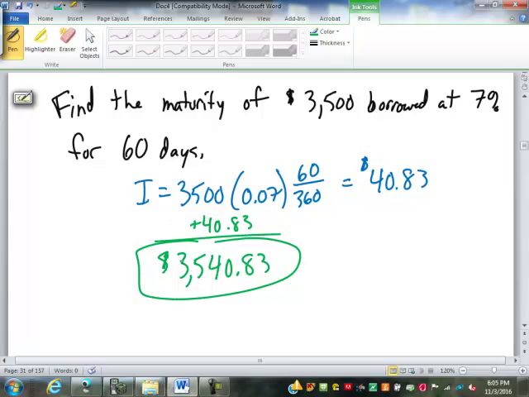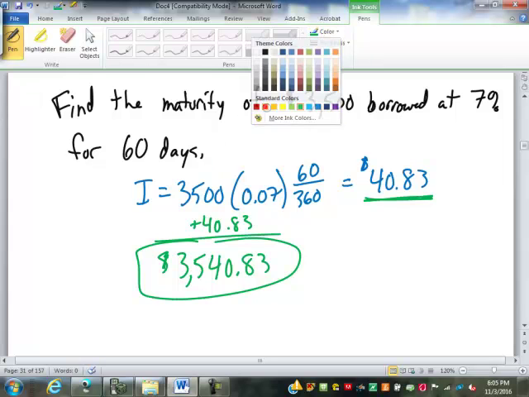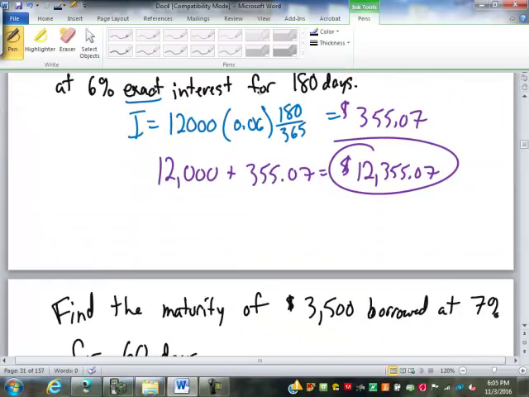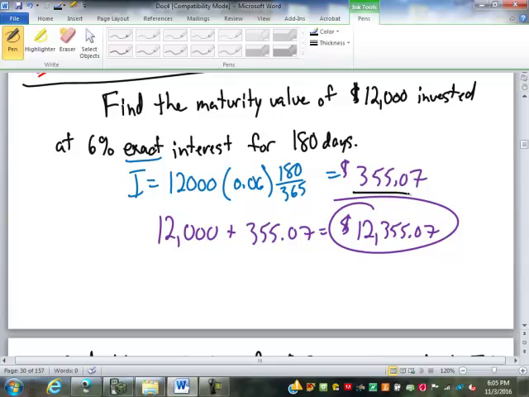What's that? This here? I'm just multiplying 3,500 times 0.07 times 60 divided by 360. Was the one before that 355.07? Yep.